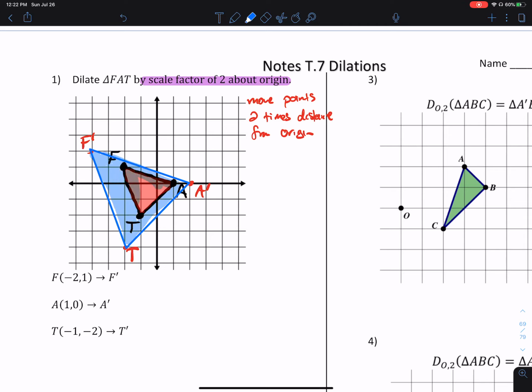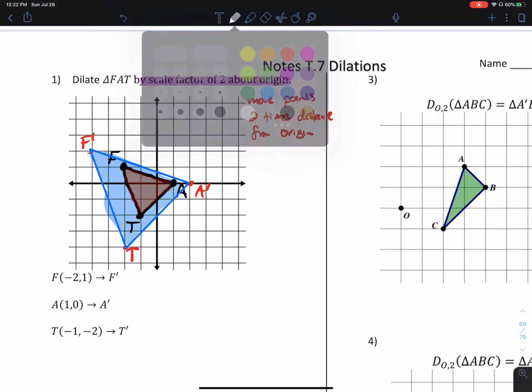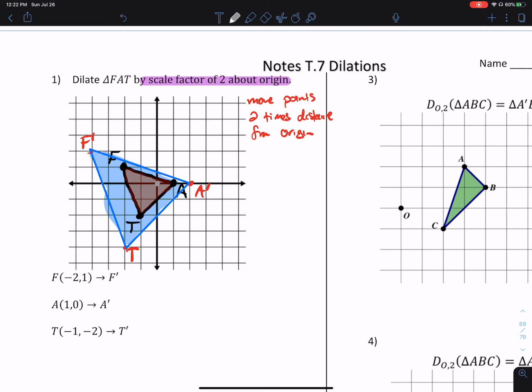There's some things that have just happened that make this pretty awesome. For one, if you were to draw a line segment from the origin, which is the point of dilation, through A and A prime, through the origin, F and F prime, through the origin and T prime, in each of those cases, you end up with 3 collinear points.